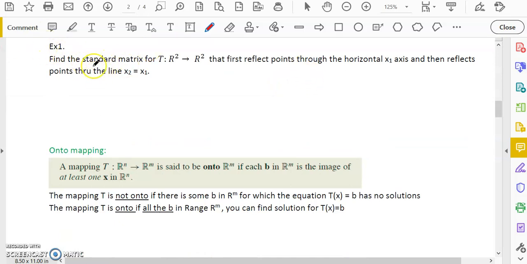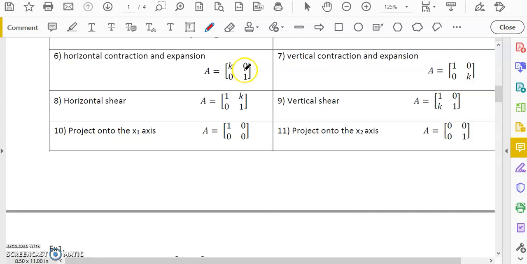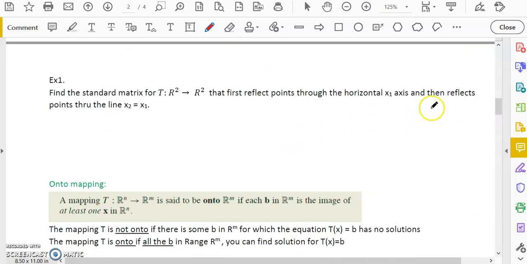Let's do another example. This is an example that does 2 transformations, one after the other. These transformations are the ones that we described earlier, but then it is 2 of them. So we'll construct the standard matrix again. It goes like this. They have 2 steps. First, we flip the points through the horizontal x1 axis.